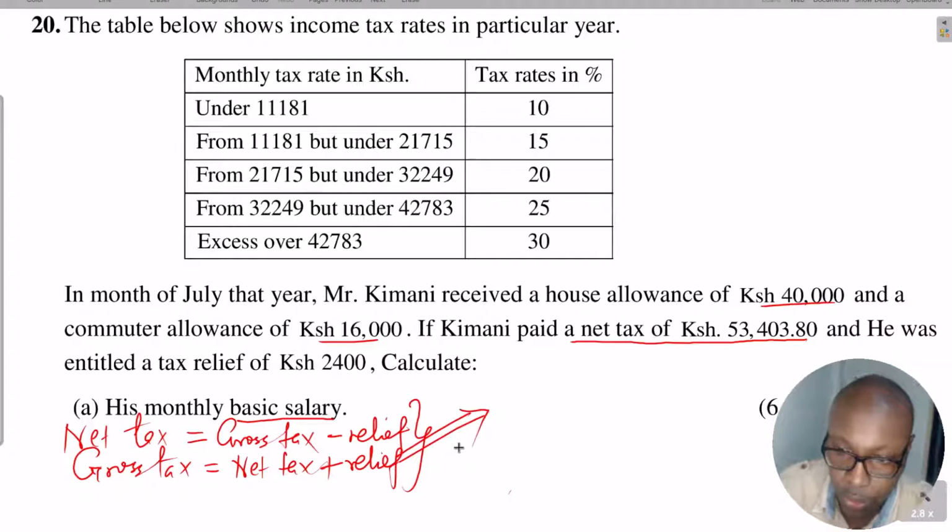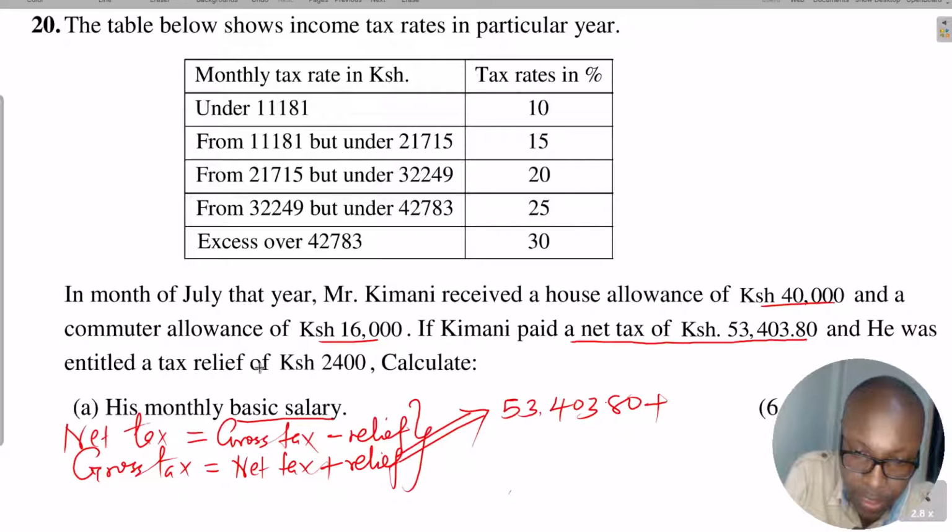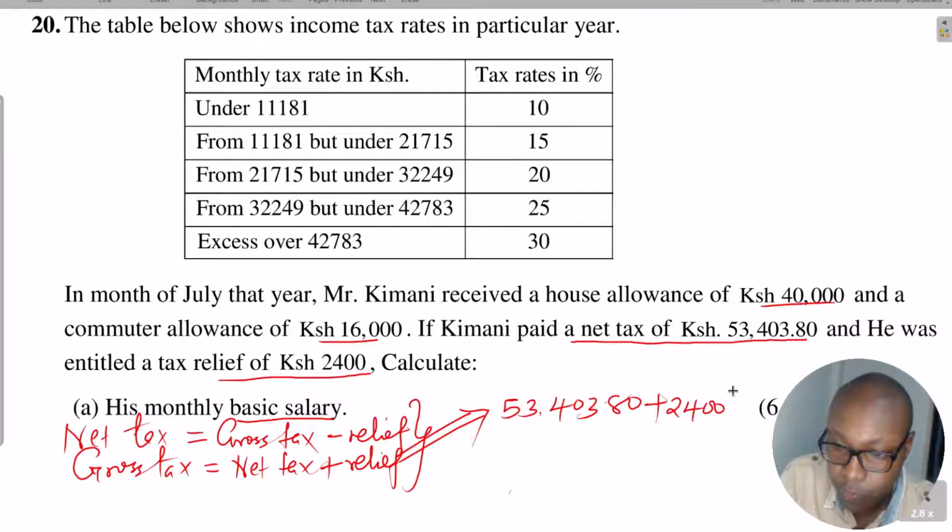So the gross tax will be given by the net tax, which is 53,403 and 80 cents, plus the relief that is given here, 2,400. Whatever we are going to get here is the gross tax.